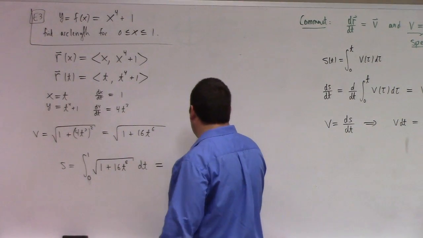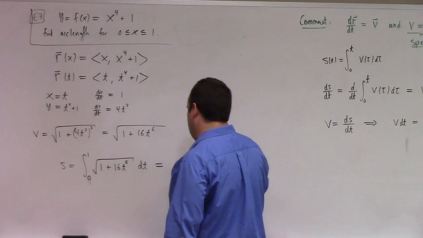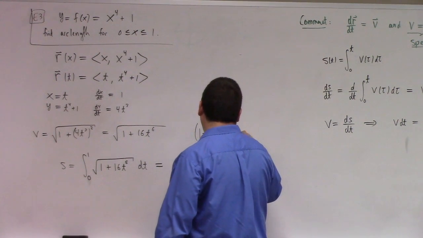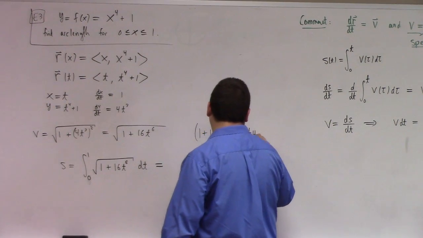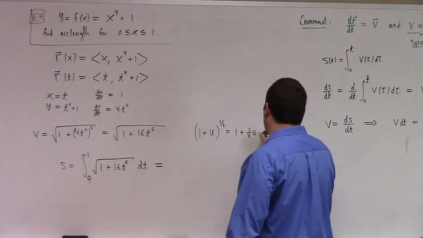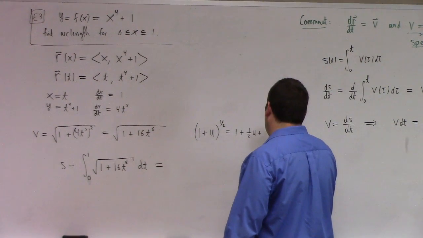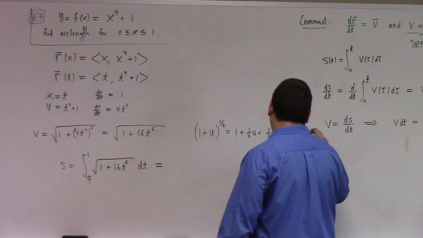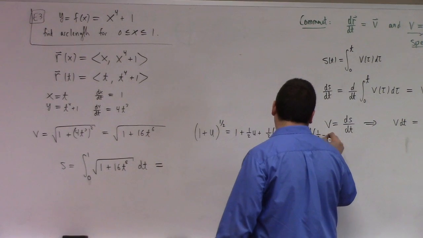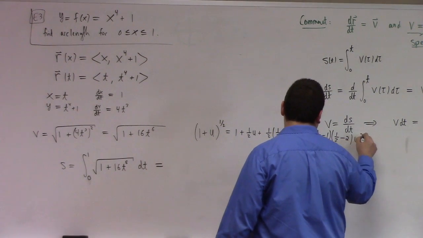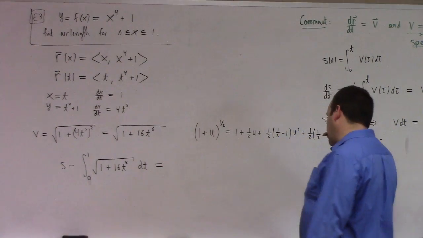This will probably go badly. So 1 plus u to the 1/2 power is what? 1 plus 1/2 u, right? And now I've forgotten. Is there a plus? Then it's plus 1/2 times 1/2 minus 1 u squared plus 1/2 times 1/2 minus 1 times 1/2 minus 2 u cubed plus dot dot dot. Am I remembering this right?